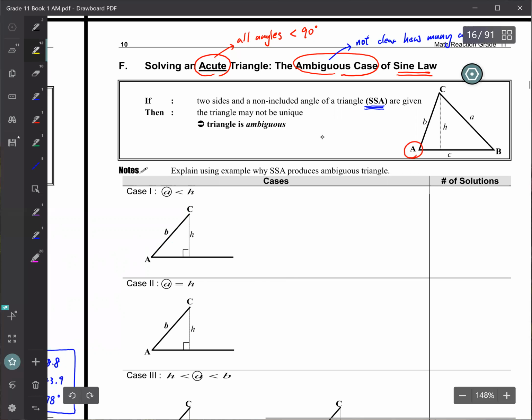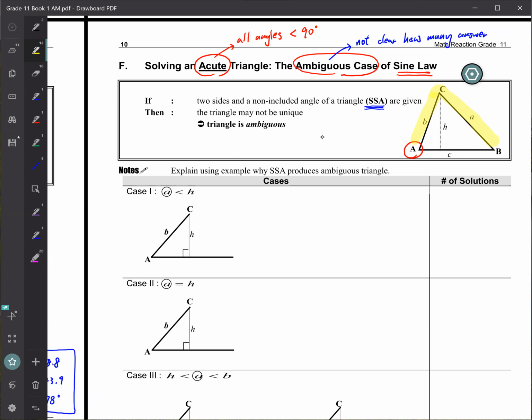A side here, and also a side there. Instead of giving you a side here and a side here, that's different. That would be side angle side, because the angle is in between, and then that's not ambiguous. You will get ambiguous if you get something like this.